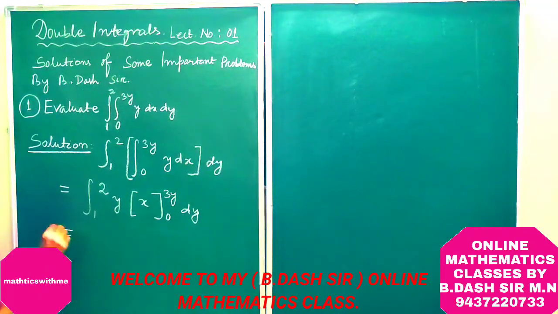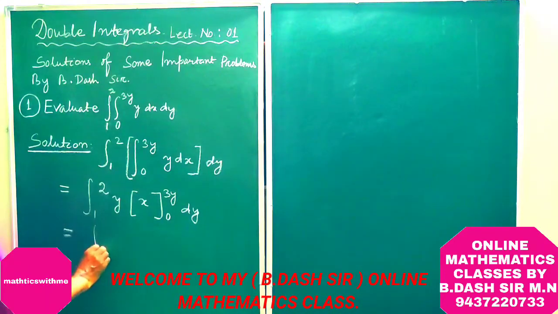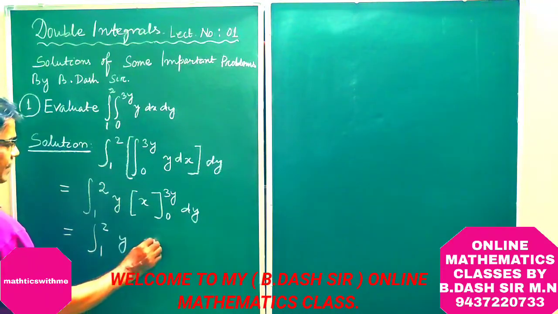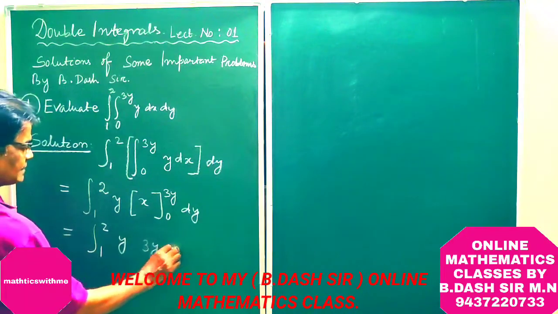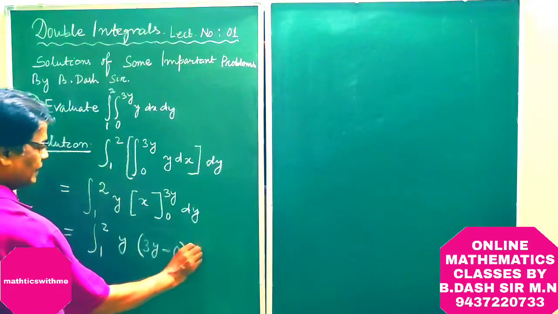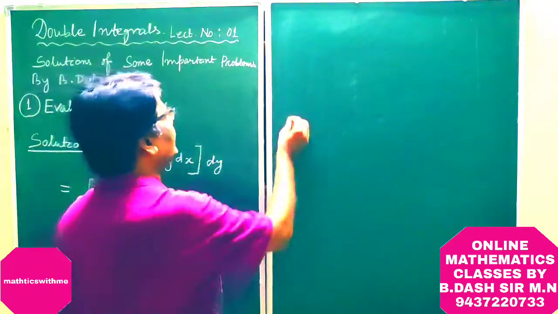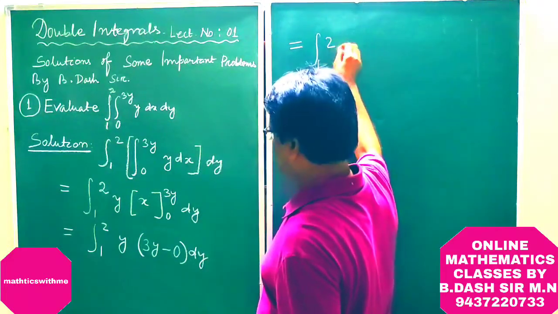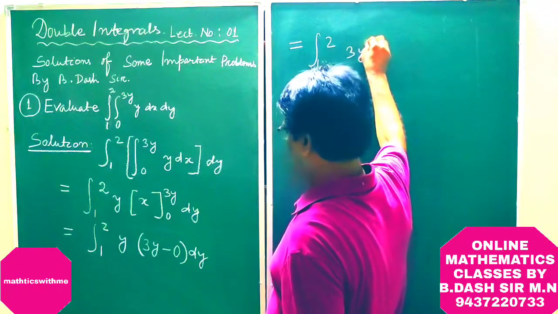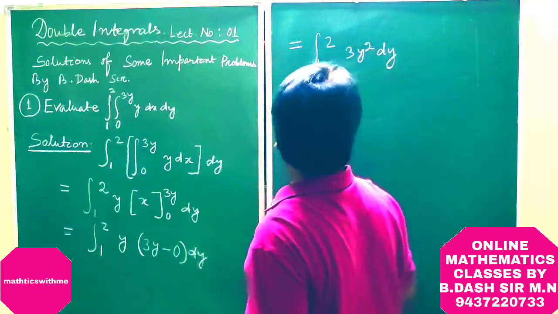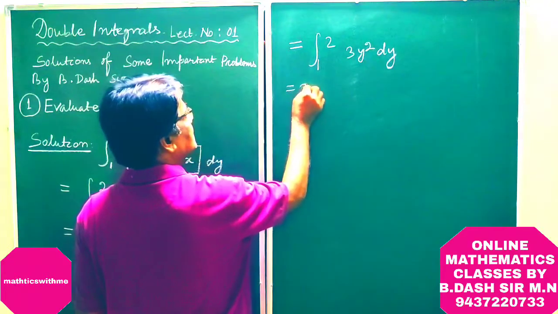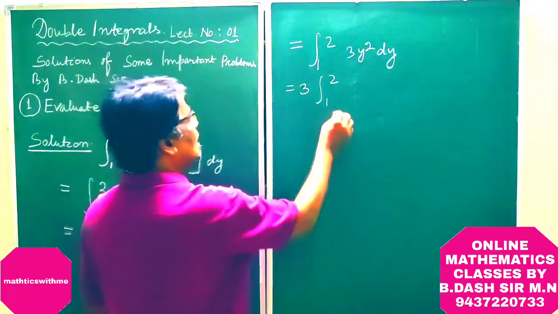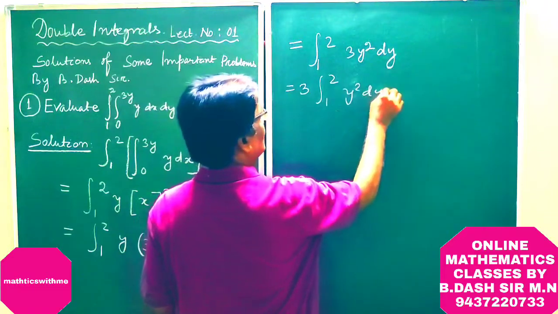So this is equal to integration from 1 to 2 of y, upper limit value 3y minus 0, dy, which is equal to integration 1 to 2 of 3y square dy. Here 3 is a constant. Integration 1 to 2 of y square dy.